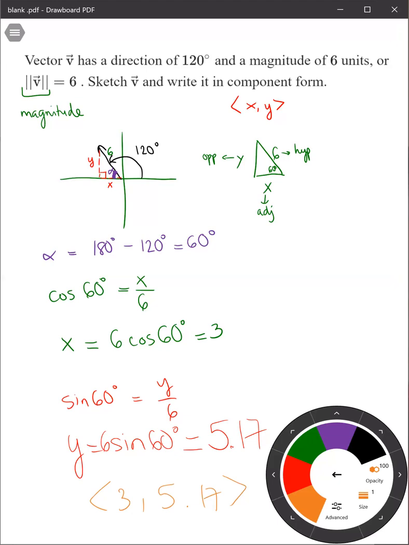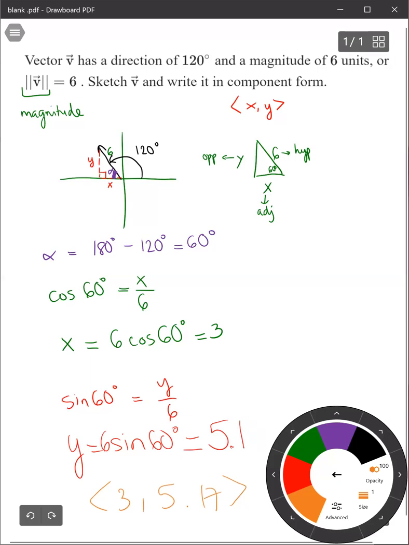So how did we get 5.17? Oh, you mean 5.19? Okay, my bad. Sorry for the confusion. It will be 5.19. But thank you for bringing that up.